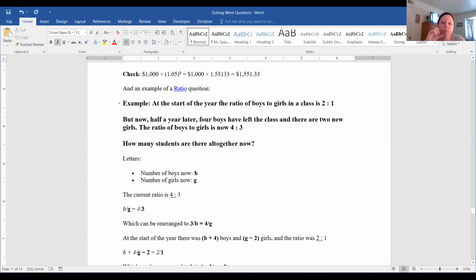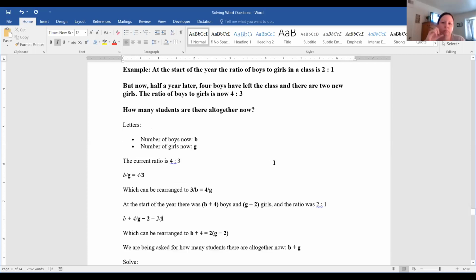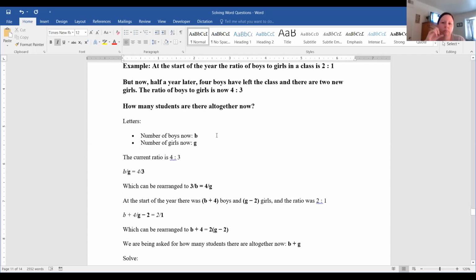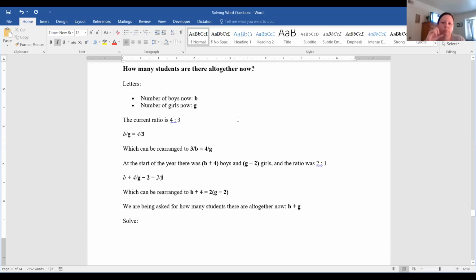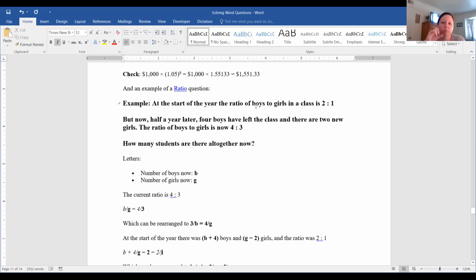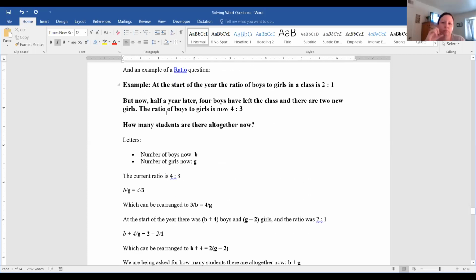The numbers we have are the ratios, and ratios are merely relationships. But we do have a number of boys that have left and a number of girls that are new. So if we have the number of boys as B and the number of girls as G, then the current ratio, not at the beginning of class, is 4 to 3.